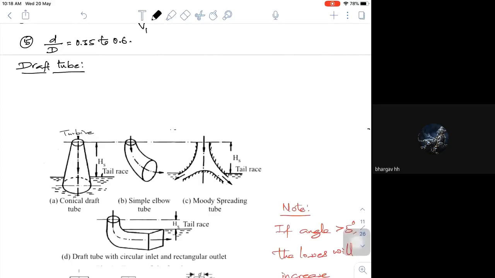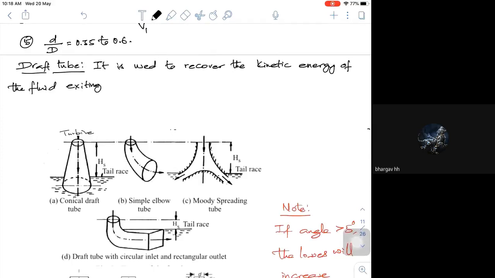It is a device used to recover the kinetic energy of the fluid exiting the reaction turbine, to be very precise, because draft tubes are not used in impulse turbines.